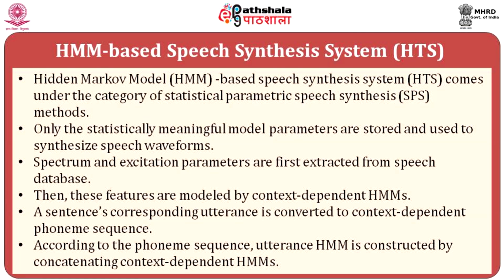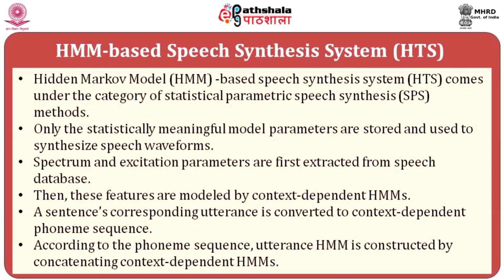This synthesis system comes under the category of statistical parametric speech synthesis methods. The basic idea is to generate an average of some similar sounding speech segments. Spectrum and excitation parameters are first extracted from the speech database. Mel frequency cepstral coefficients and their dynamic features are generally taken as spectrum, and log F0 and its dynamic features are taken as excitation parameters.